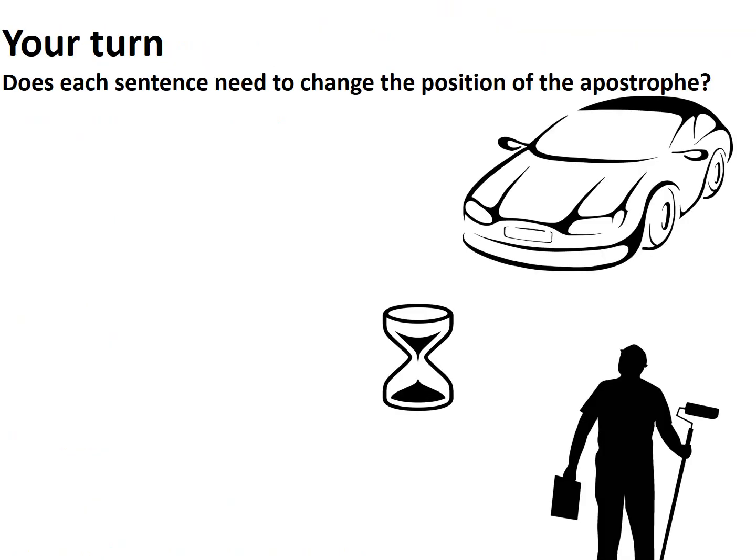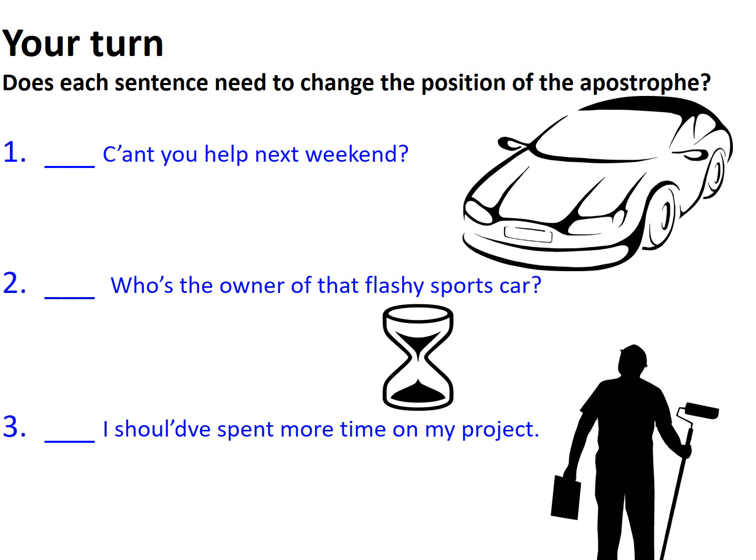Now it's your turn. For each of the three sentences, consider if the apostrophe is placed in the correct position. Hit pause if you need thinking time. So, how did you get on? Can't you help next weekend? Is a fine sentence that includes a contraction.